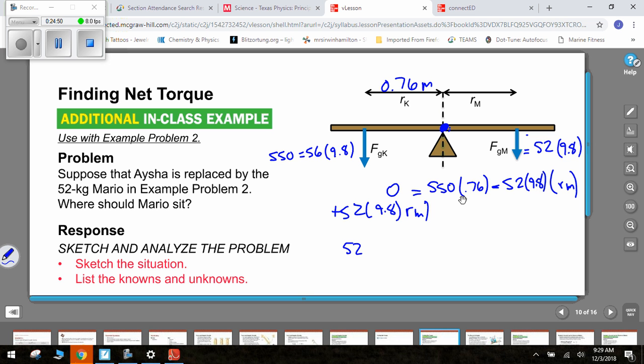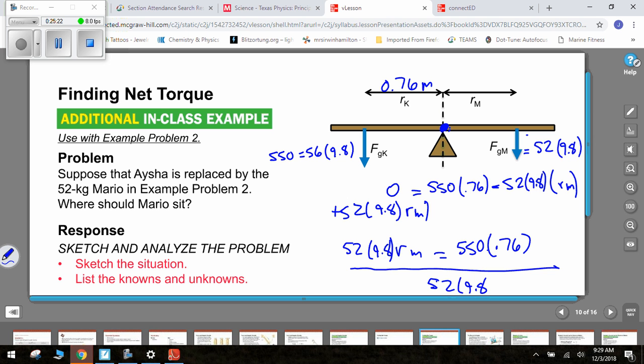So now I've got 52 times 9.8 RM is equal to 550 times 0.76. What are the 52 and the 9.8 doing to RM? They're both doing what? They're both multiplying. And the opposite of multiplying is to divide.